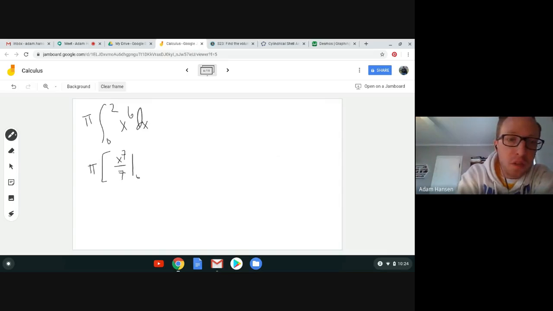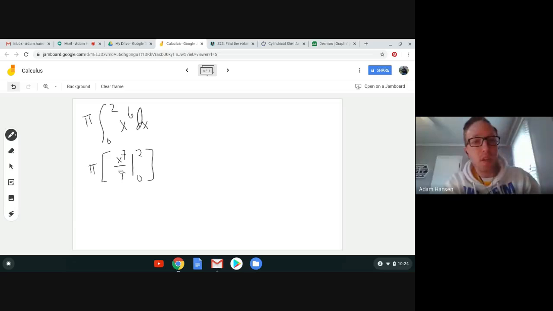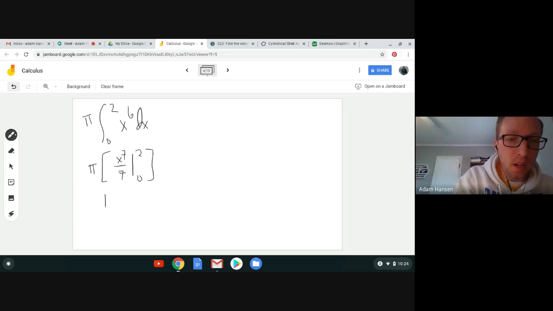I love when 0 is the lower bound because it kind of eliminates half the work. All I need to do is plug in 2. 2 to the 7th is 128.